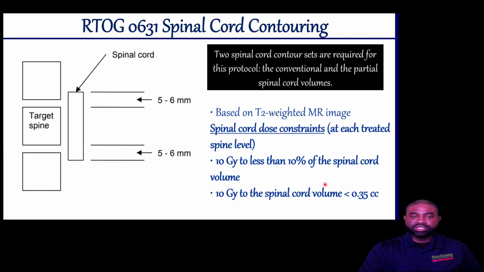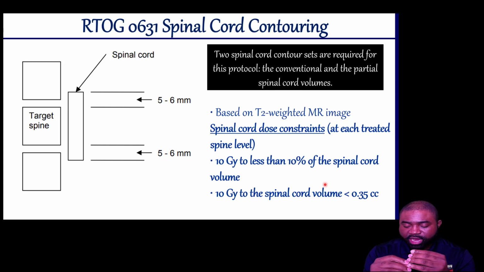Per RTOG 0631, the spinal cord needs to be treated with special care when we are doing spine planning. The conventional spinal cord volume is contoured on CT simulation based images that are fused with T2 weighted as well as T1 weighted MRI with contrast.